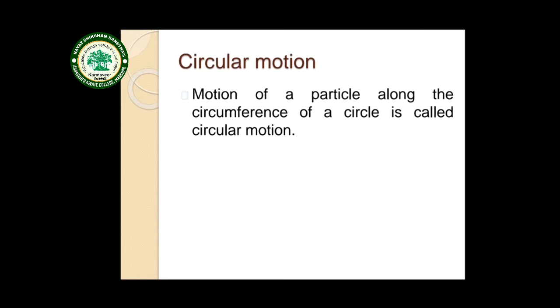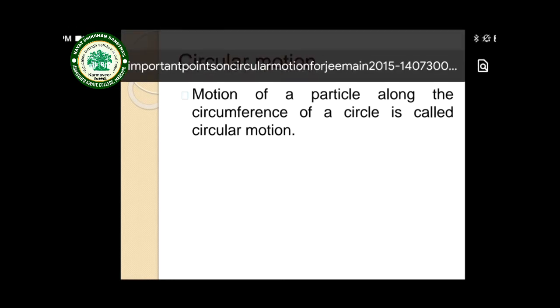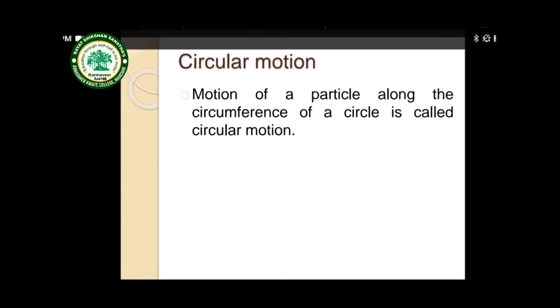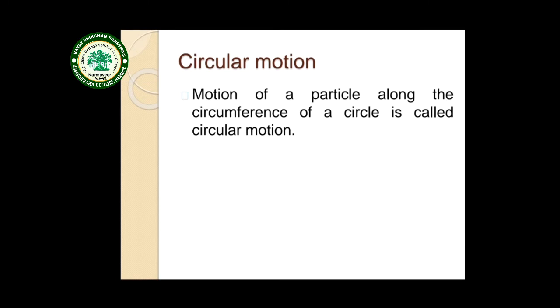Suppose there is an object which travels in a circular path, we can draw a circle of its path, so we can say that the particle is in circular motion.